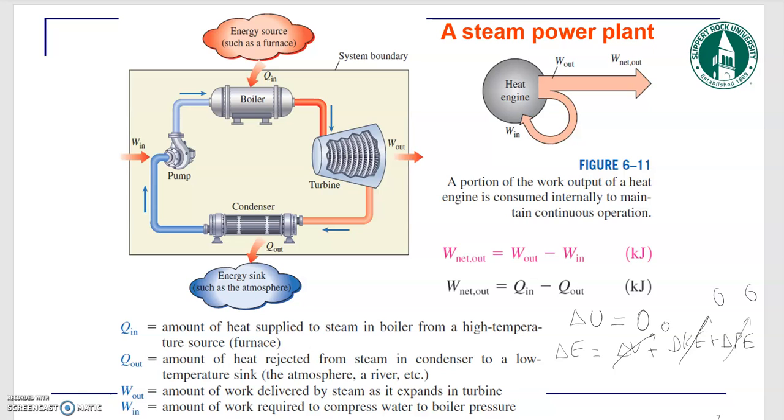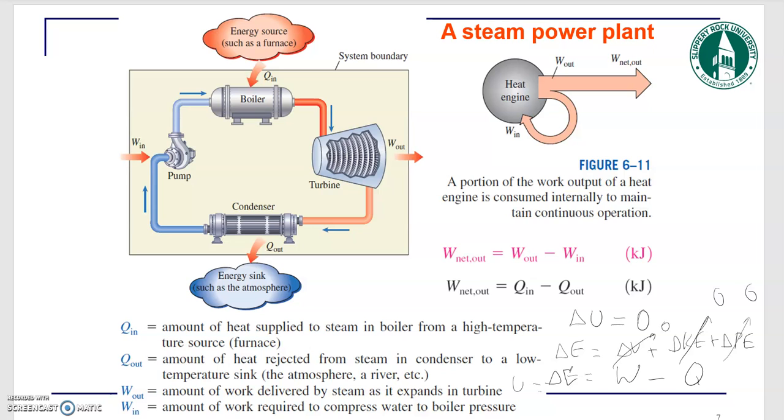because it's a cycle. So delta E is equal to 0, and delta E is the difference between work and heat, the net work and the net heat, right? So therefore, since delta E is equal to 0, the net work out is equal to the net heat in, right?